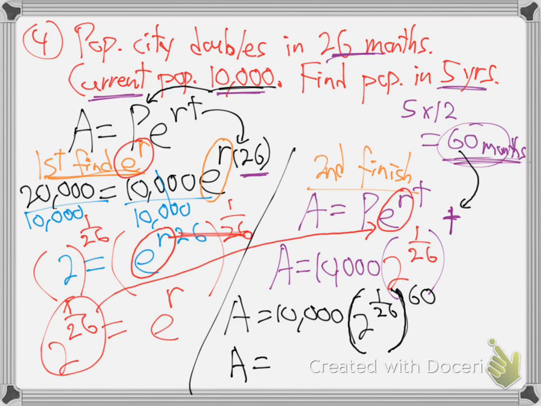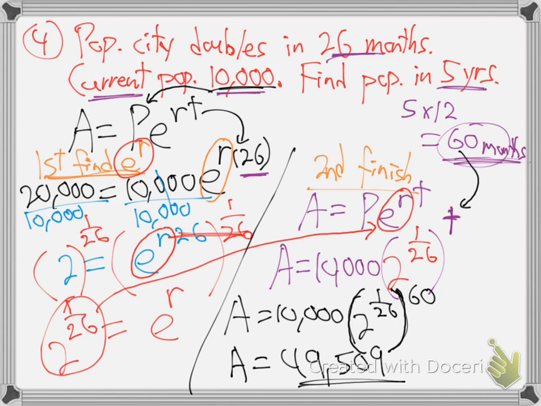Anyway, I got it. So it's 49,509. So the population grows from 10,000 to almost 50,000 in 5 years. Exponential, it is. So that makes sense on what we did there.